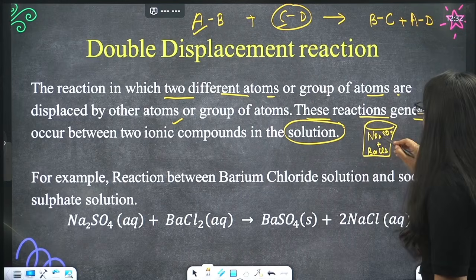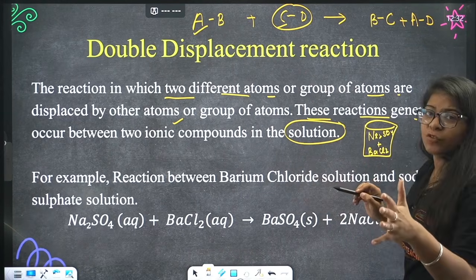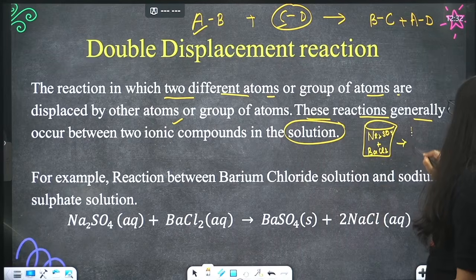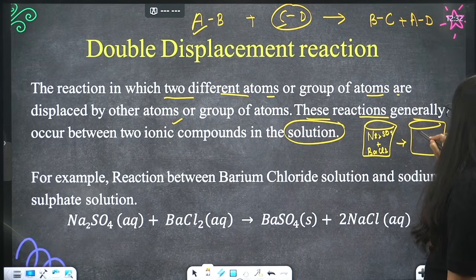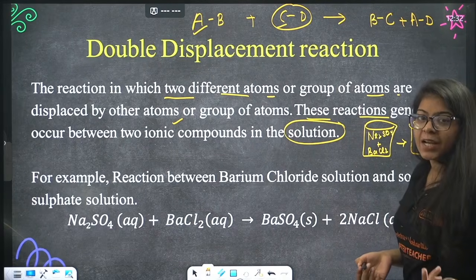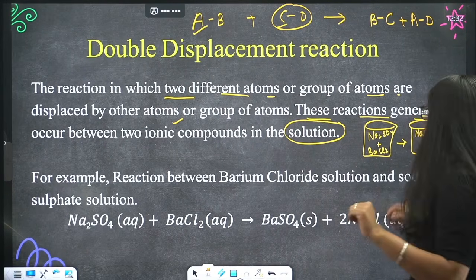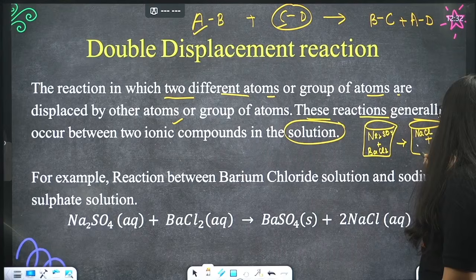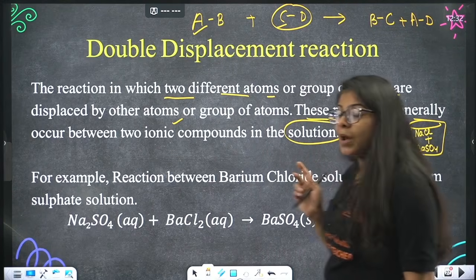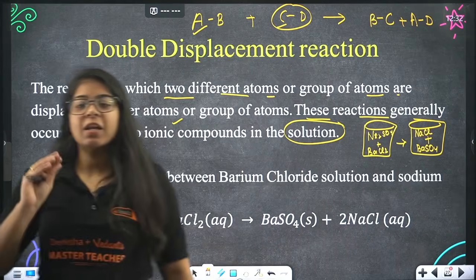So what happens? Na will say, I don't want to be with SO4 anymore, I want to be with Cl. So in that same beaker, Na combines with Cl, NaCl. Then Ba is like, sulfate is sad, so I'll sit with sulfate. So that becomes BaSO4. Understood? So a double displacement reaction happened.